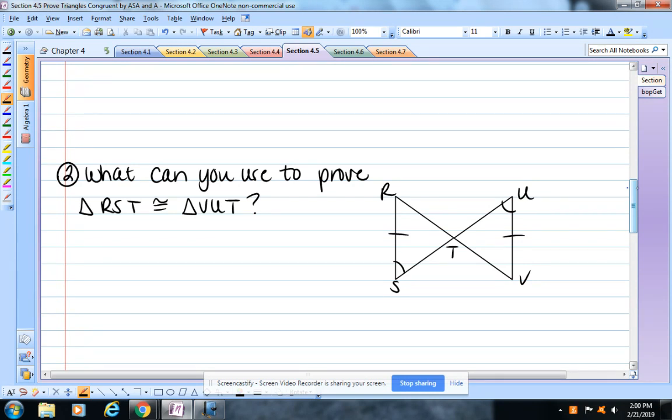Actually, I don't need one more pair of sides because then I would have ASS and that don't exist. Well, I could have side angle side. Sorry, I could have side angle side, but I don't. Angle what? How can I say those are congruent? I don't have that these are parallel lines, so I can't use alternate interior angles.